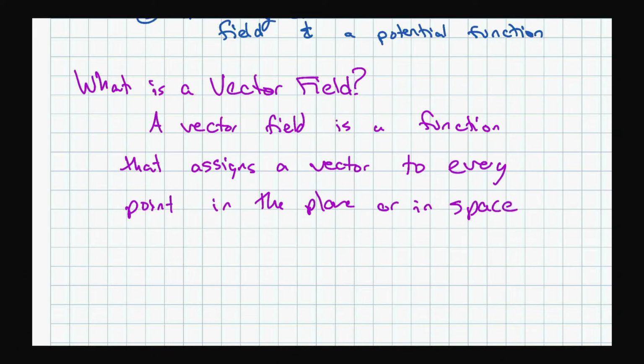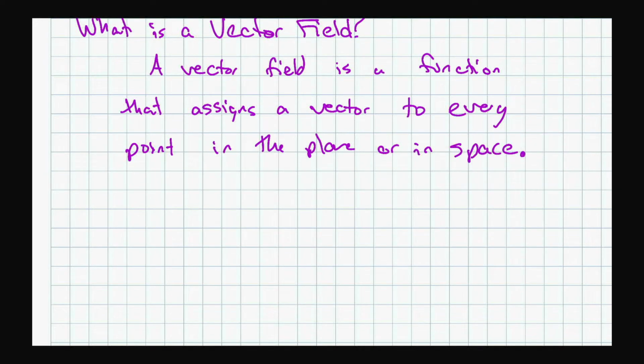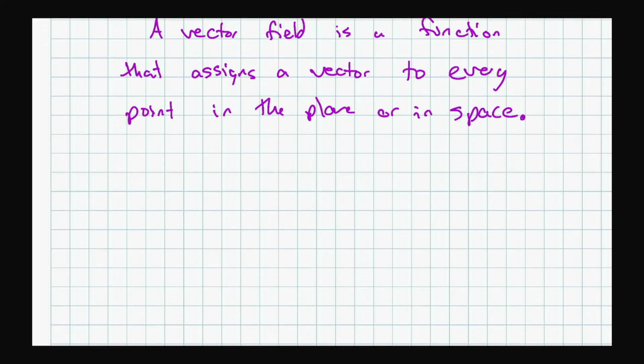Because we could be doing this in 2D or 3D, and we don't really know which one it is. It's not defined. So some problems are 2D, some are 3D, and that's fine.